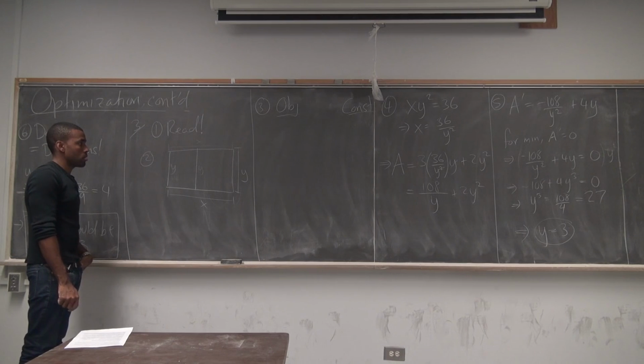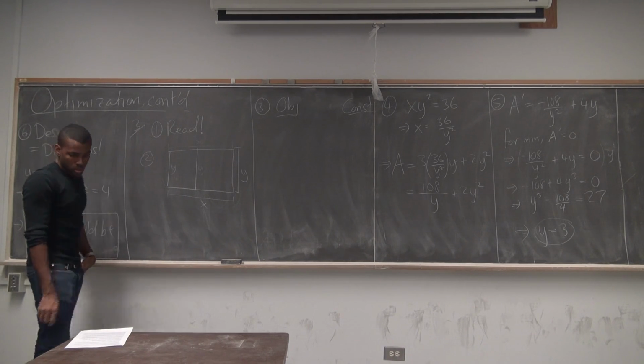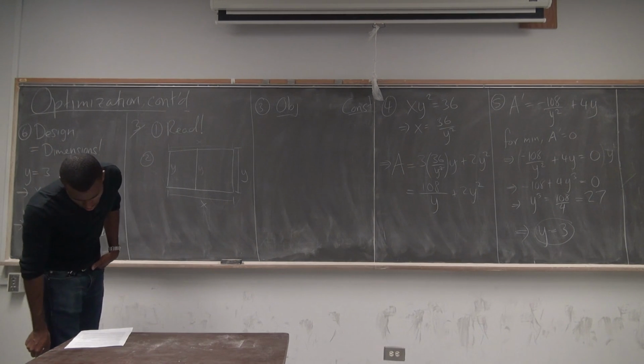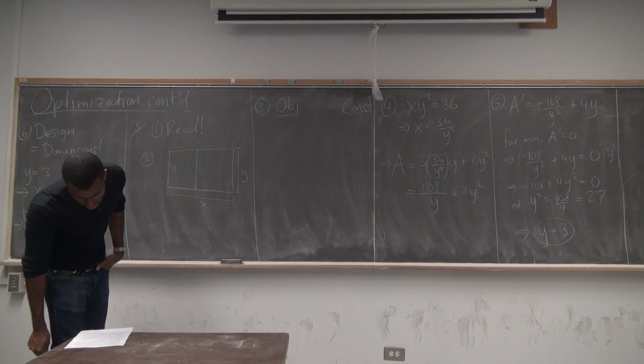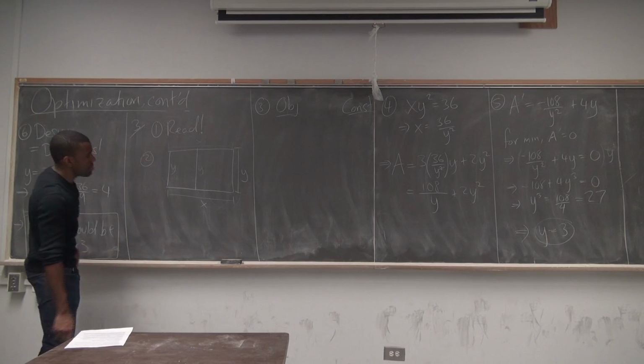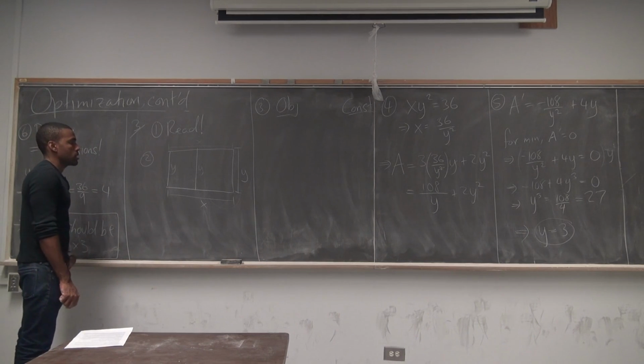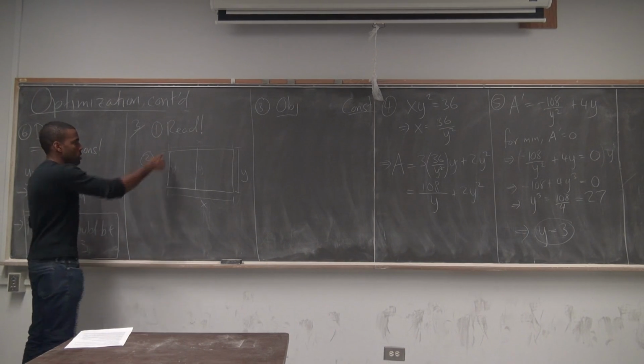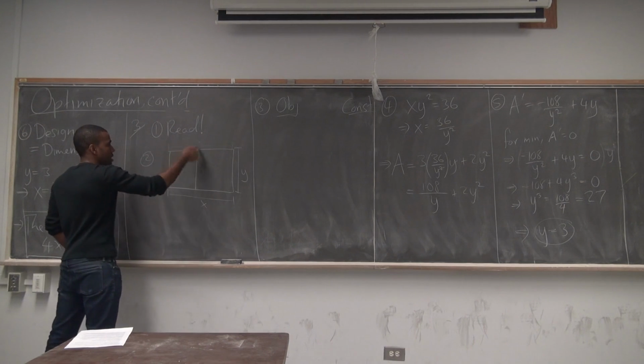Minimize what? Find the dimensions so that the amount of fencing is minimized. What's the amount of fencing? That's a perimeter. It's a perimeter, the distance all around, the length of all of these lines.